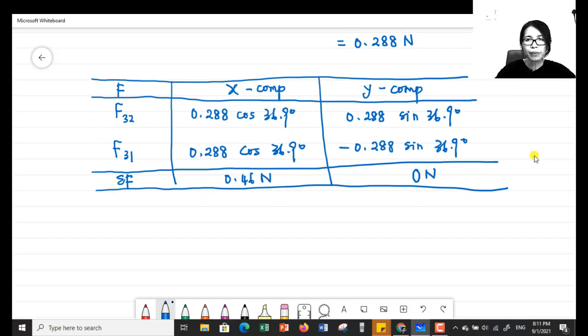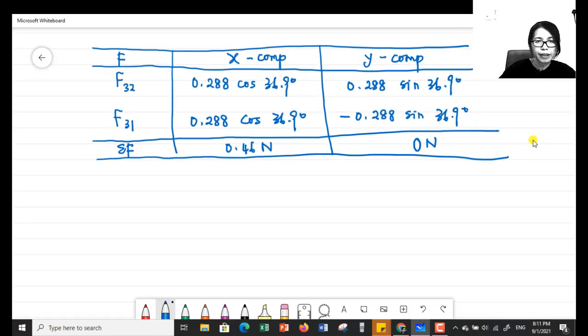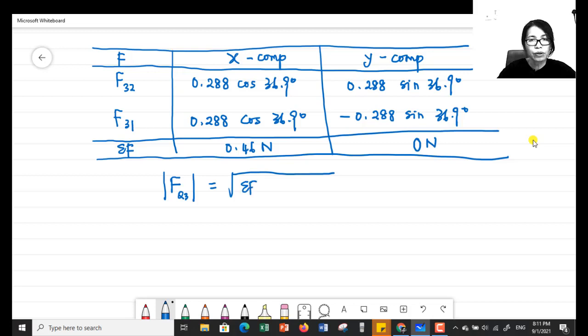So after that, we apply the Pythagorean theorem, so we can find the magnitude of the force acting on the charge Q3. The net force acting on charge Q3 will be the square root of the total force along component x squared plus the total force along component y squared. So we have 0.46 squared plus 0 squared.